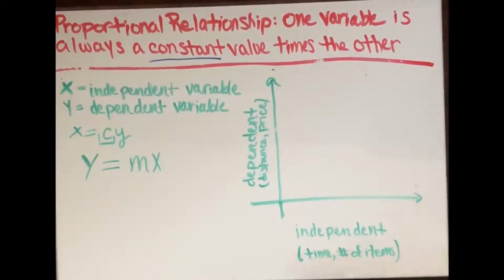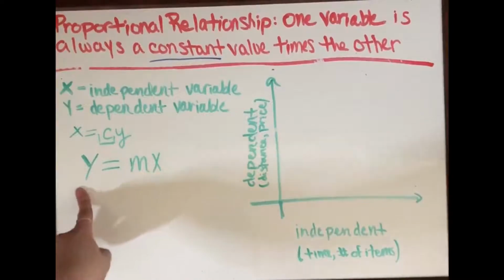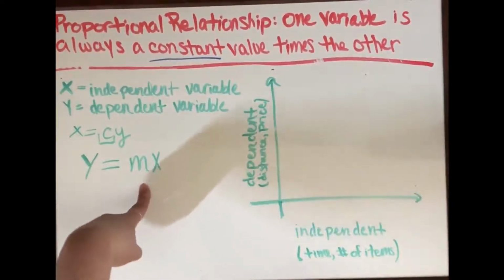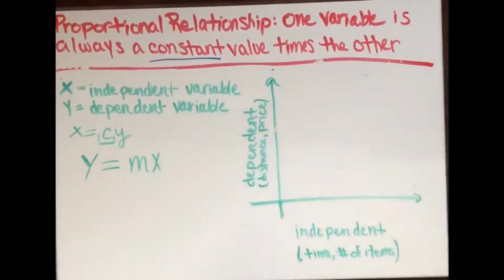And this is a really common way of writing a linear equation where y is the dependent variable, m is the slope of the line, which we'll get into, and x is the independent variable.